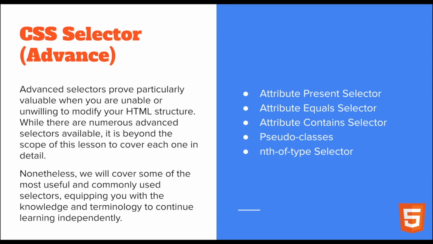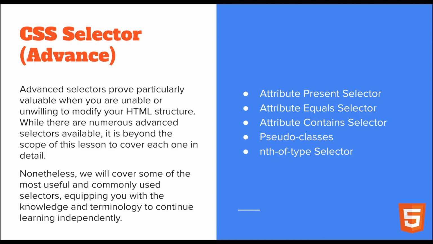And don't worry, we're going to use that in our example today, and you're going to see how to implement it. So first of all, one of the major ones is the attribute present selector. I'm just going to explain all of this when we get to the code, and I'll say which one I'm talking about as I write it.